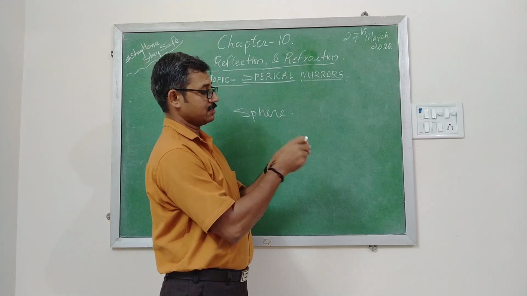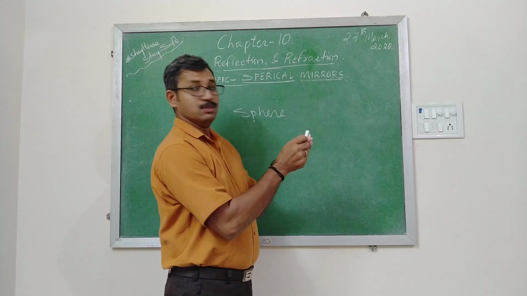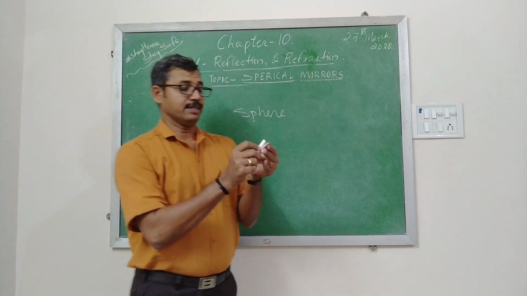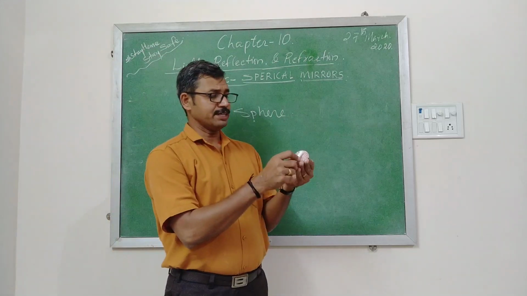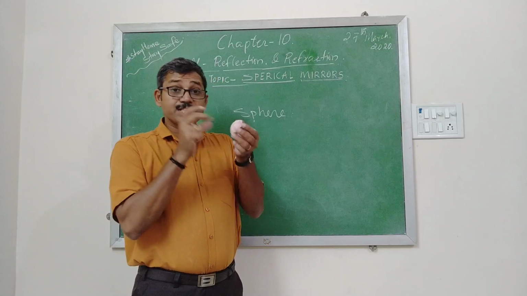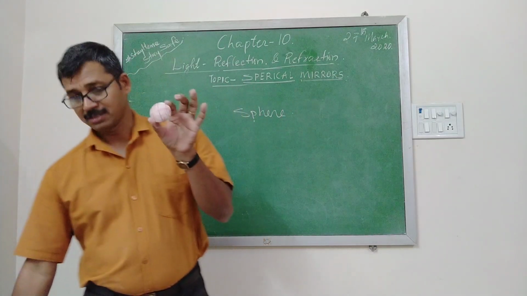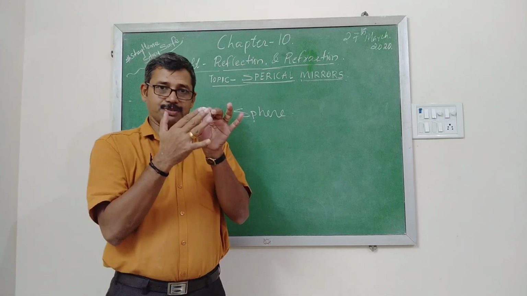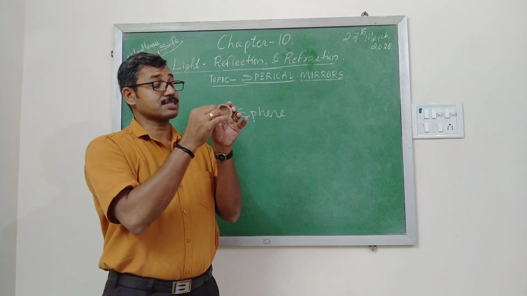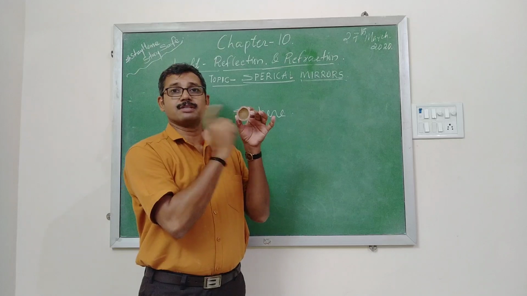I coated this. So in which surface will it start to reflect? If I coated this surface, the light will reflect from this surface.